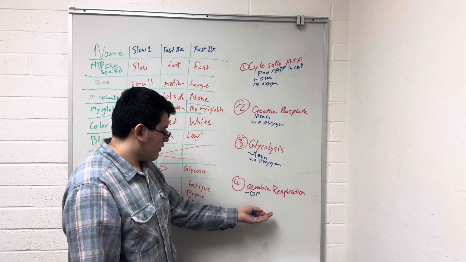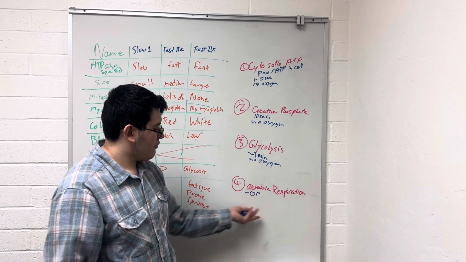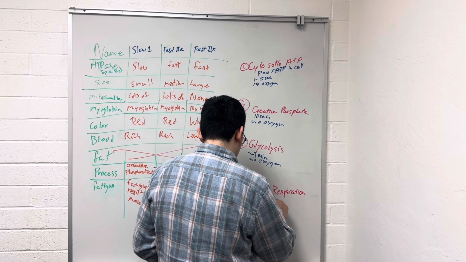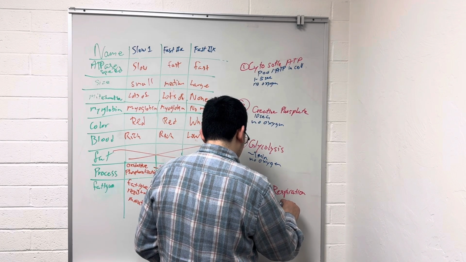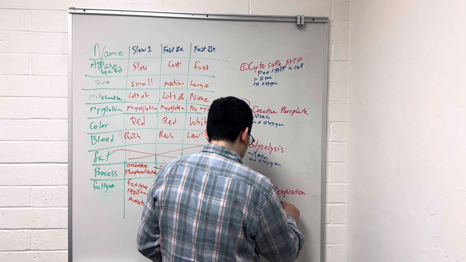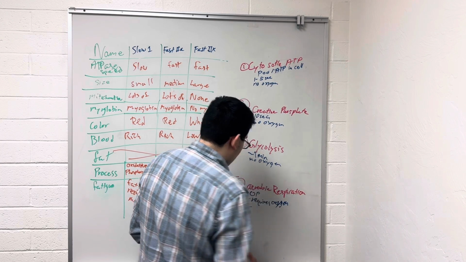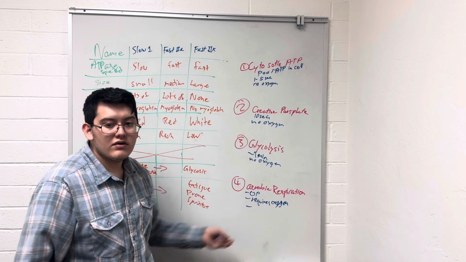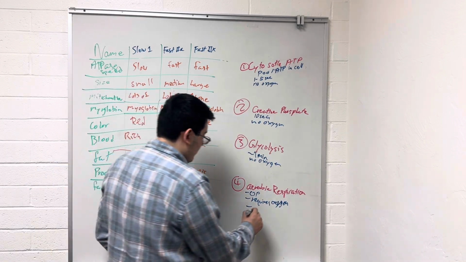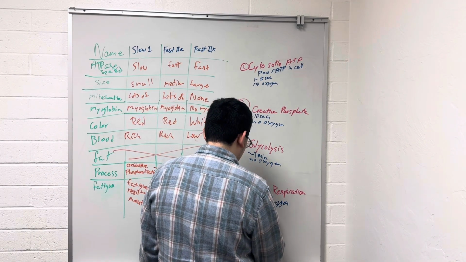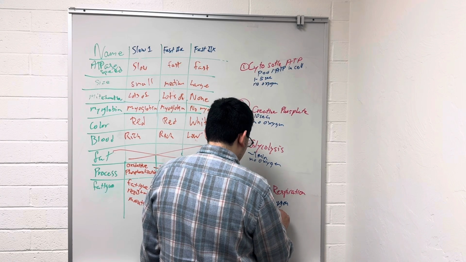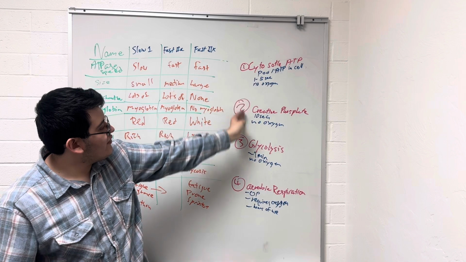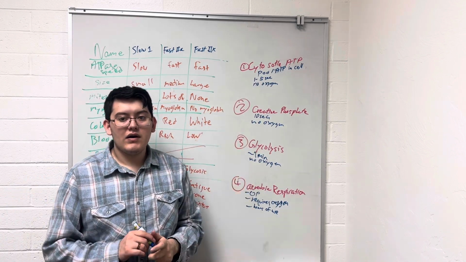Oxidative phosphorylation, or aerobic respiration, requires oxygen, and as it requires oxygen, it's also longer. It tends to be over hours of use, unlike these that tend to be a lot faster, like 1 to 5 seconds, 10 seconds, about a minute.